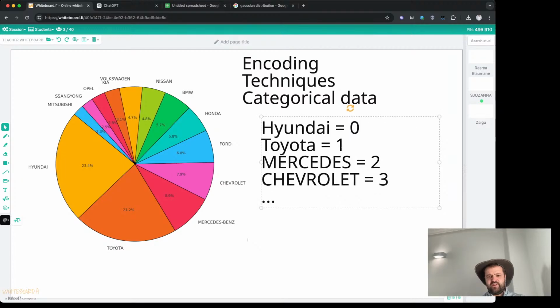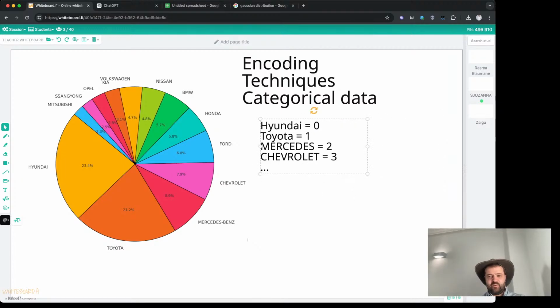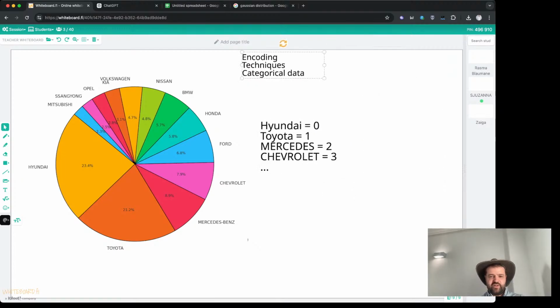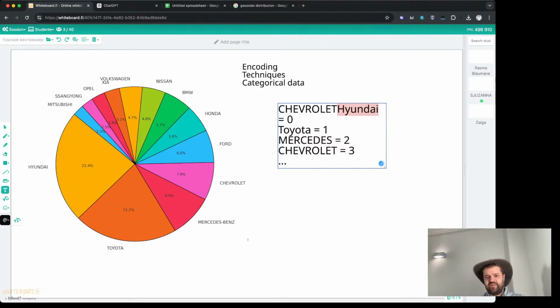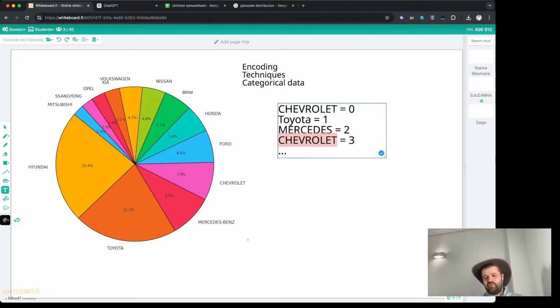This will allow us to start working with numbers and actually make decisions on numbers, but this is definitely not the best way. Why is it not the best way? Because any human can change the order here. Nobody tells me that I cannot switch them around, like Chevrolet goes first and Hyundai goes last.